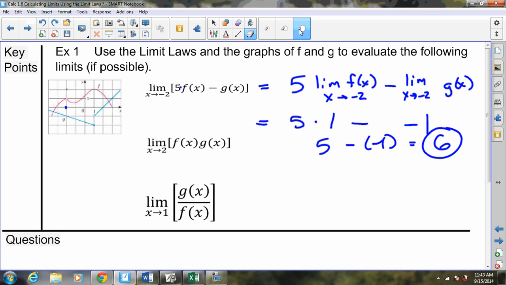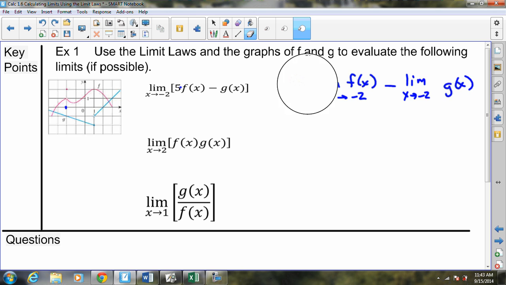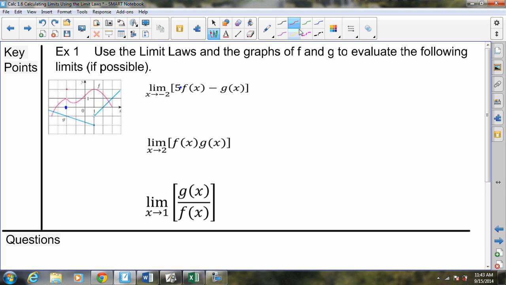I'm going to need to erase the blue to create room for the next one. Of course, you can pause the video, you can backtrack through the video. This piece is the same. The limit of the product f of x and g of x as x approaches 2, we can multiply the two individual pieces.